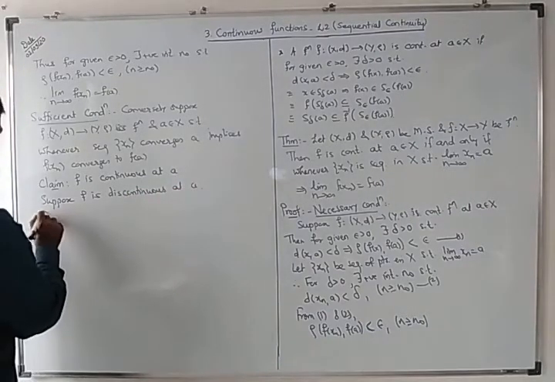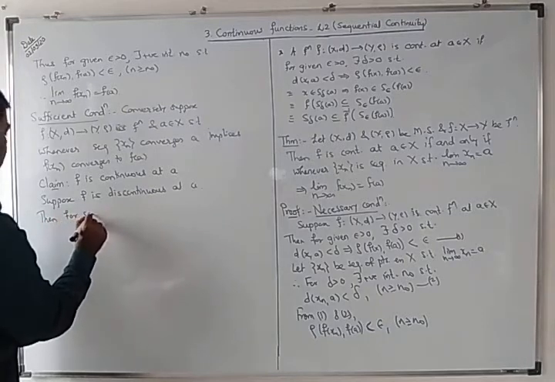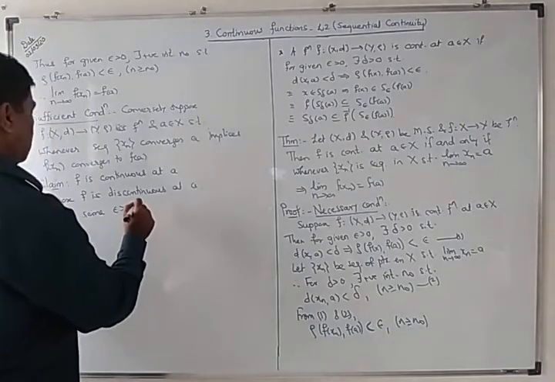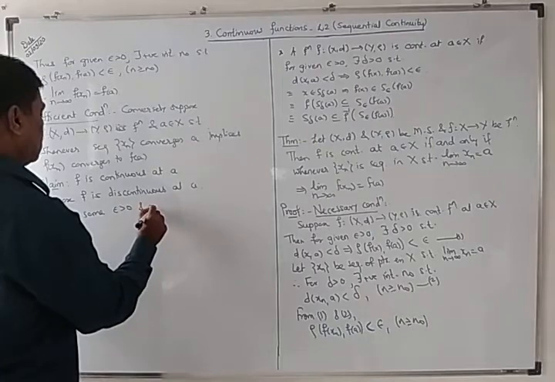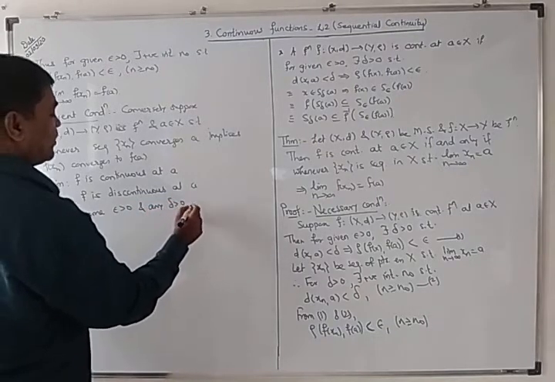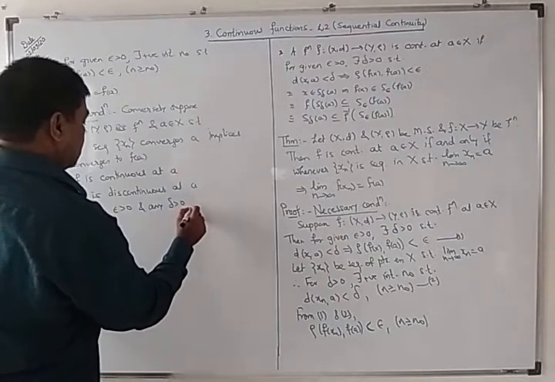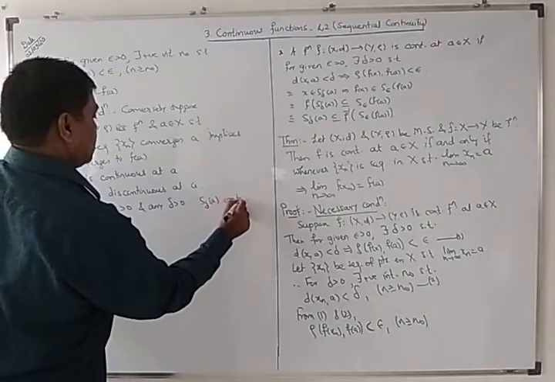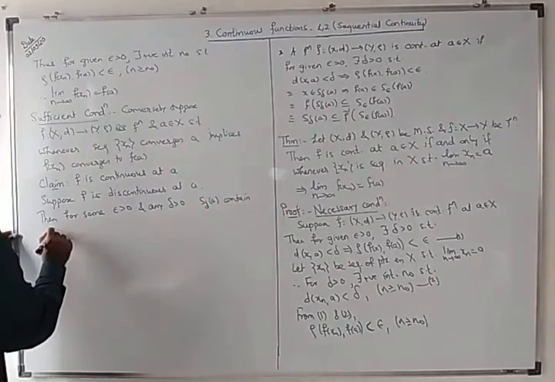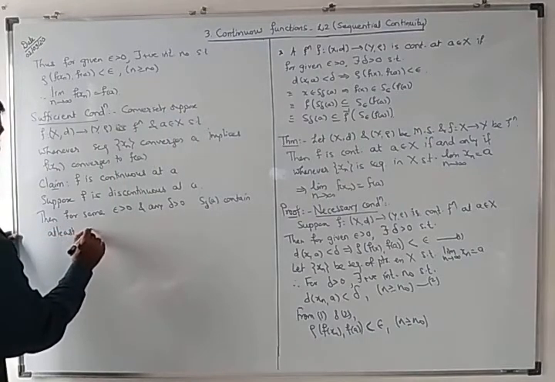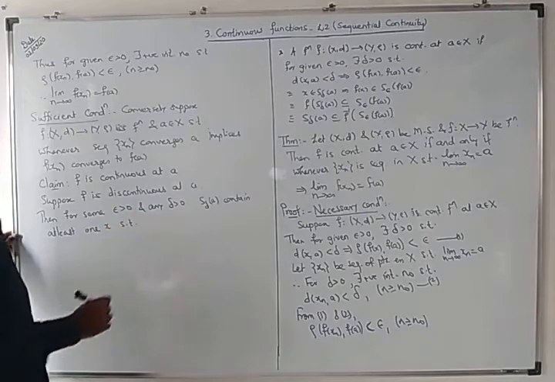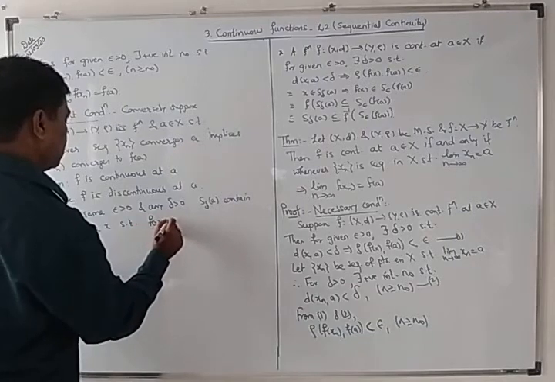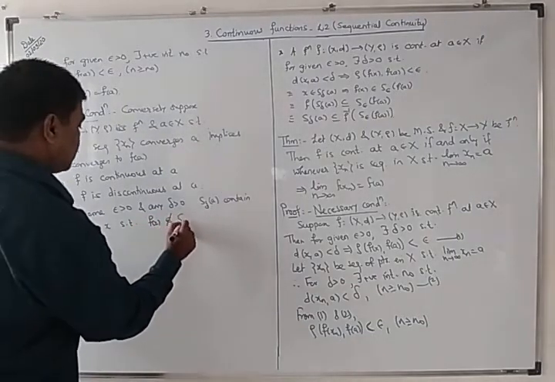Then for some epsilon greater than 0 and any delta greater than 0, S_delta(a) contains at least one x such that f(x) doesn't belong to S_epsilon(f(a)).